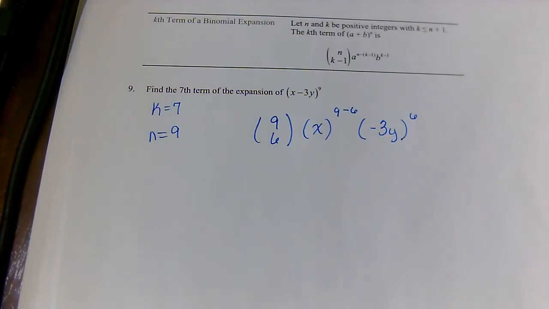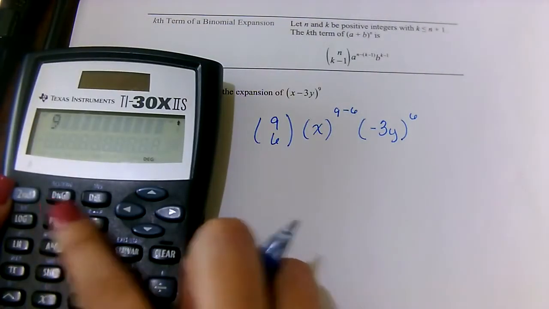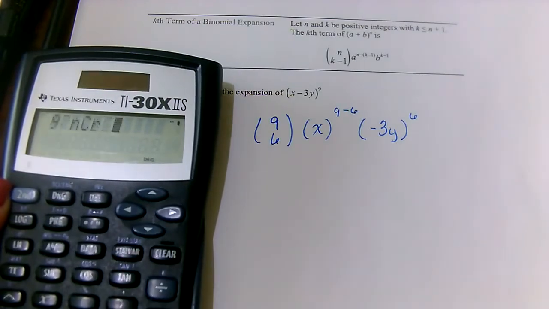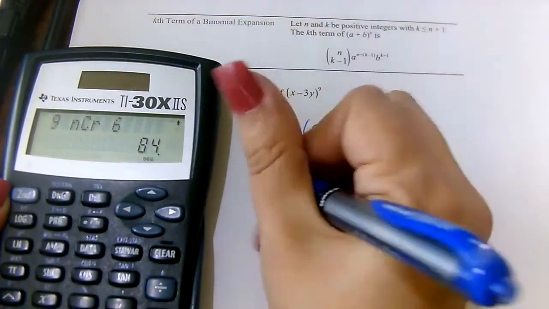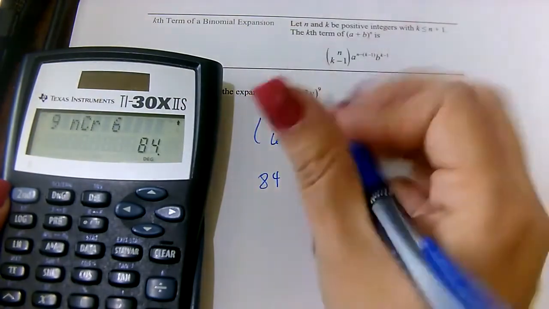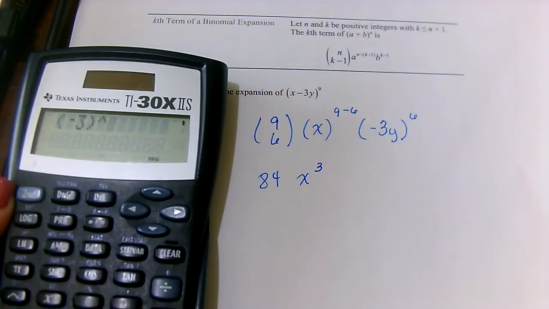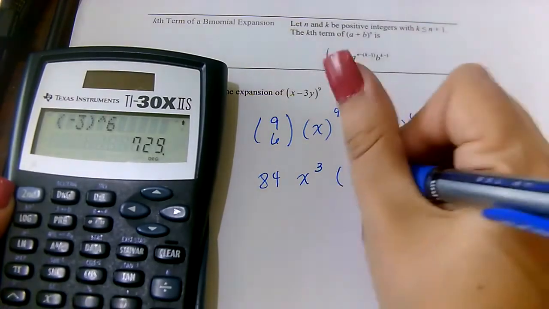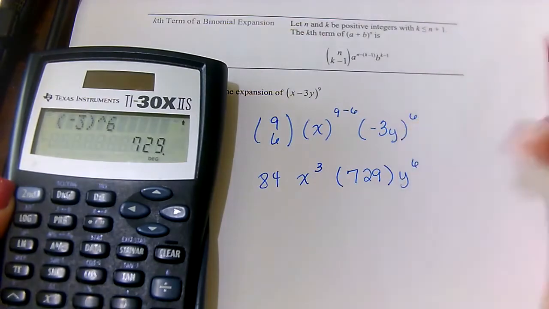Right. Let's go ahead and use a calculator for that. I'm going to do 9 choose 6, 9, PRB, choose 6, and I'm going to get 84 here. Okay, this is going to be x to the third, negative 3 raised to the 6 is going to be a positive number, 729, y to the 6.